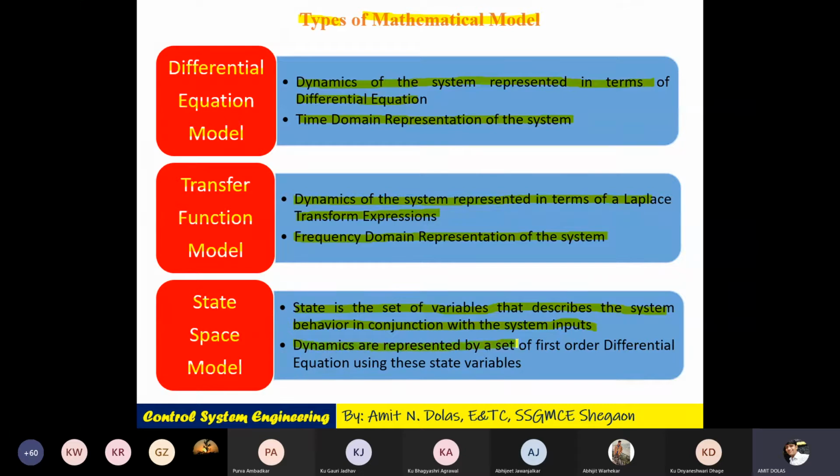Dynamics are represented by a set of first order differential equations using these state variables. We'll go in detail regarding state space model, but here our motto is just to enlist the types. So types are differential equation, that is ODE, then Laplace transfer function and state space model. In this way we can model a particular system.